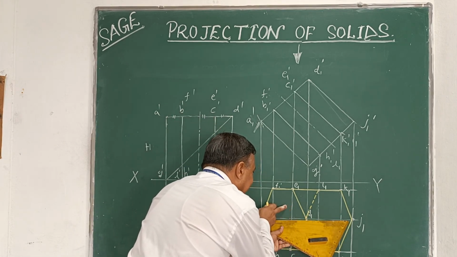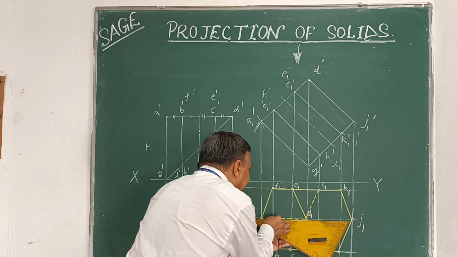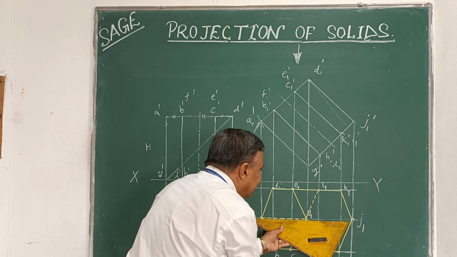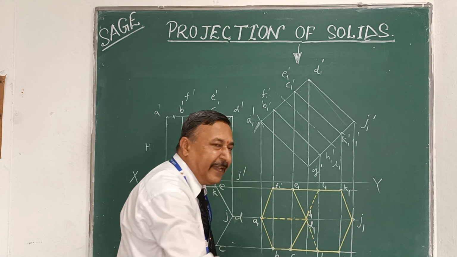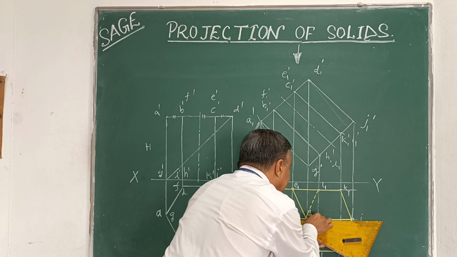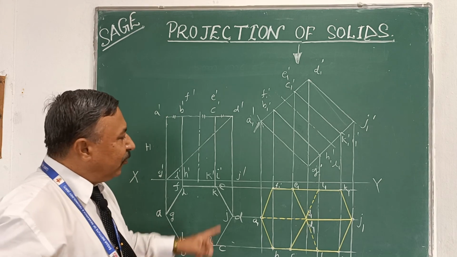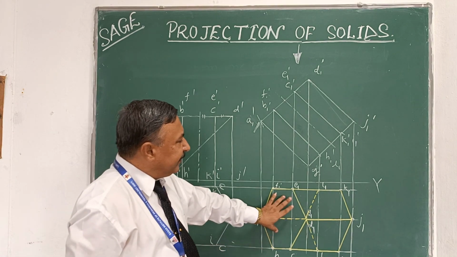This is the base completely visible, so we have to draw here a hidden line, and this is a base hidden, so we have to draw here a complete line. Okay. So in this way we complete this diagram.